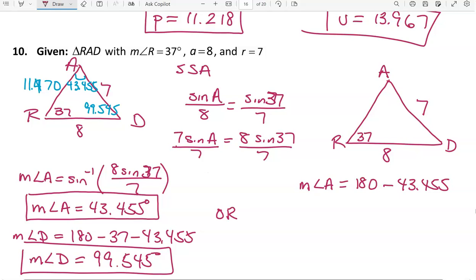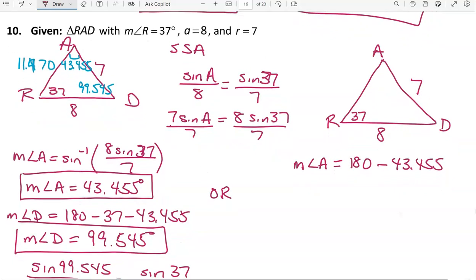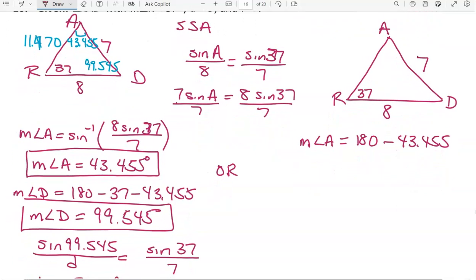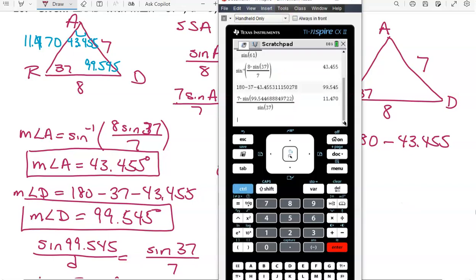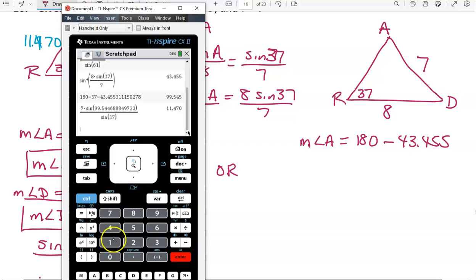And then the angle A, which is the first thing that we'll find in the triangle, will be, in this case, the supplement of the angle A that we found in the first solution. So I'm going to start by calculating that angle, which is 180 minus the 43.455.